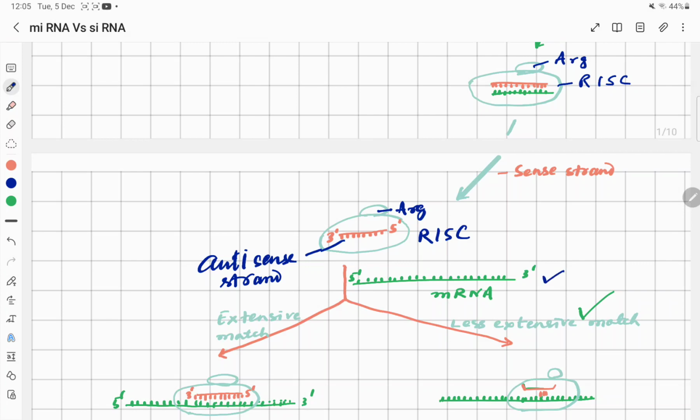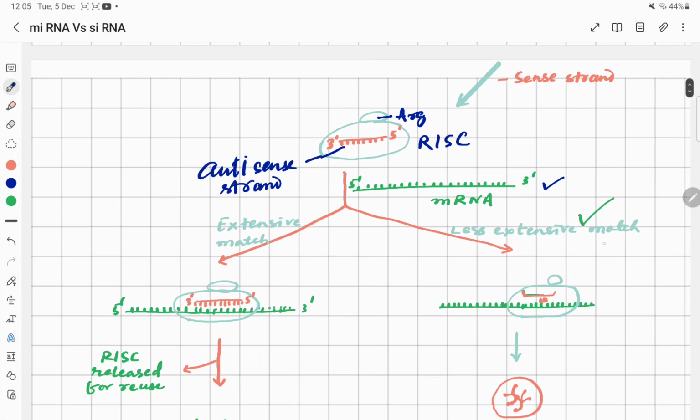There can be either an extensive match or a less extensive match, that is fully complementary or partially complementary. And in case of microRNA there is partial or incomplete base pairing.